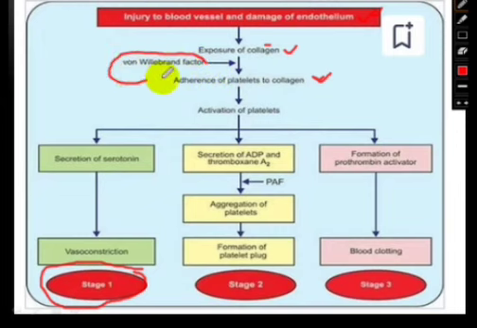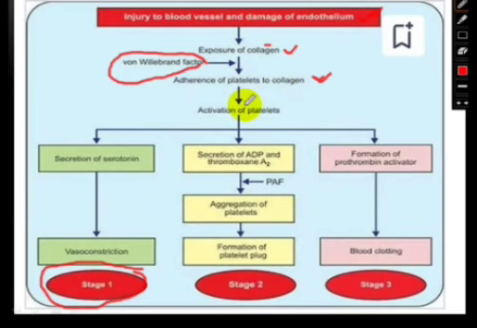And that attachment or adhesion of platelets to collagen is mediated by the von Willebrand factor, which acts as a catalyst to facilitate the attachment of platelets to collagen.